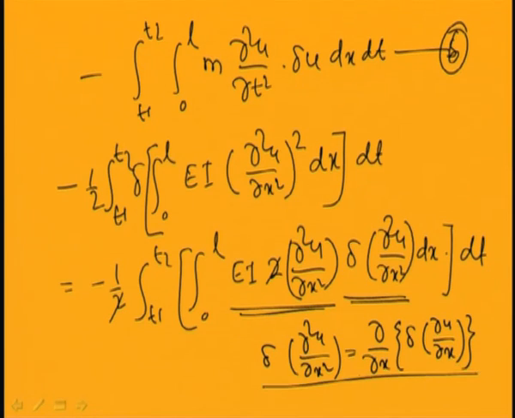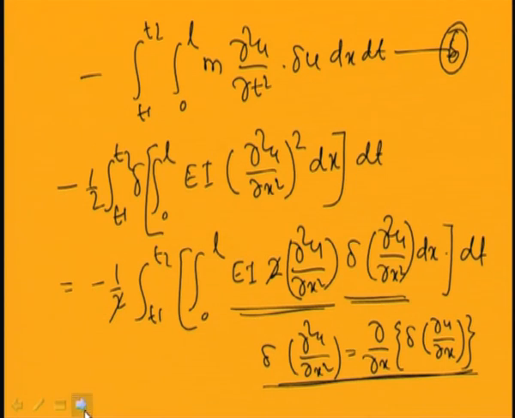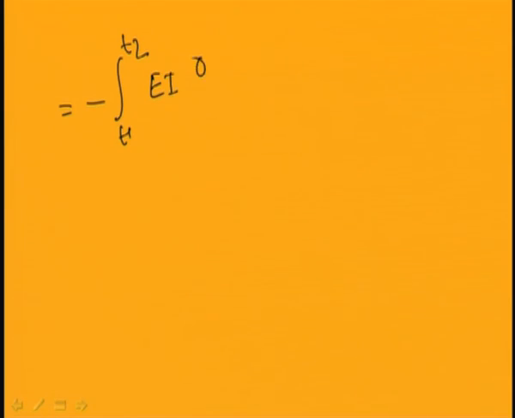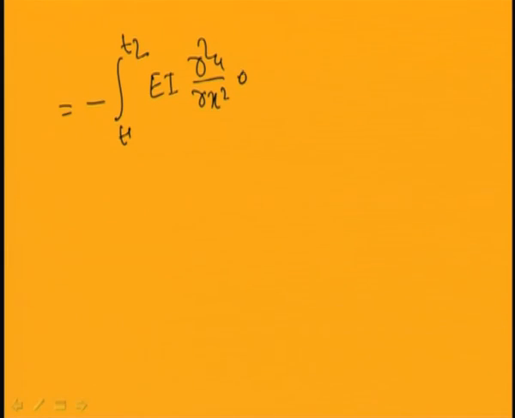By writing this way and applying integration by parts, I can write this expression equal to integral T1 to T2, and this term becomes E I; the first term remains as it is, E I del squared u by del x squared into, you can note, integration of the second term del by del x of del u by del x, so this becomes del of del u by del x at the boundary 0 to L, dt.